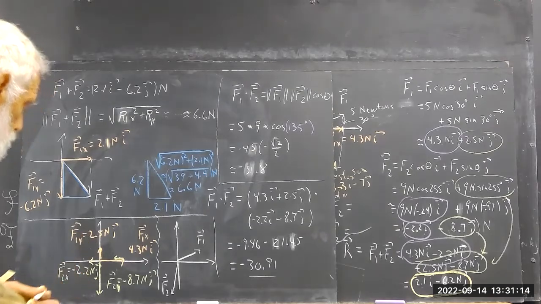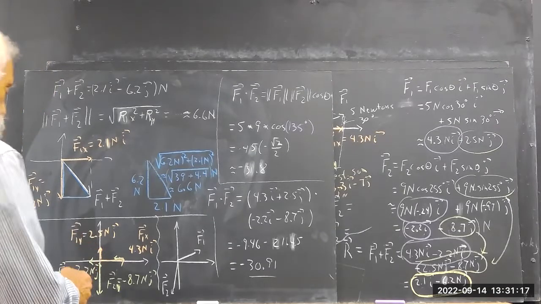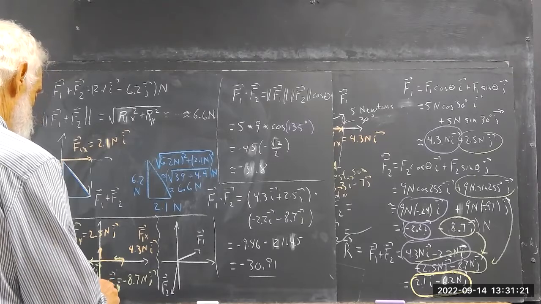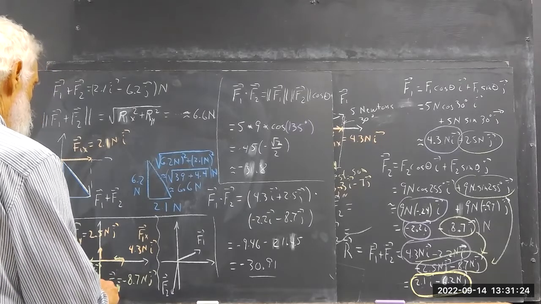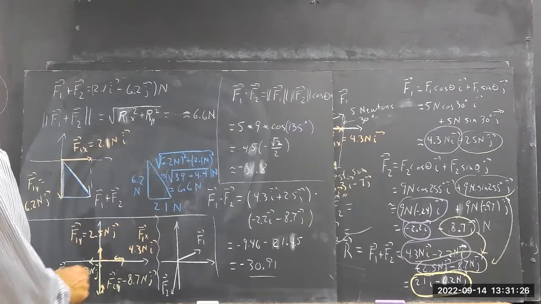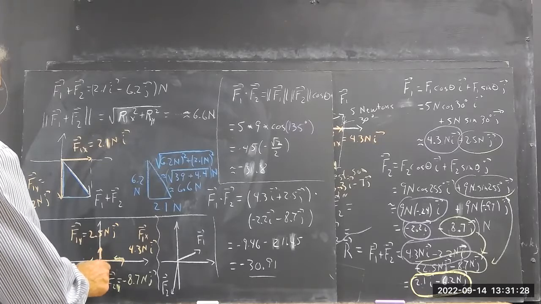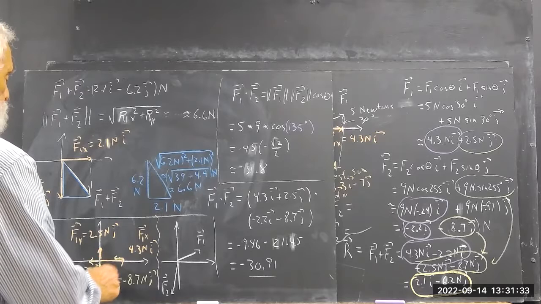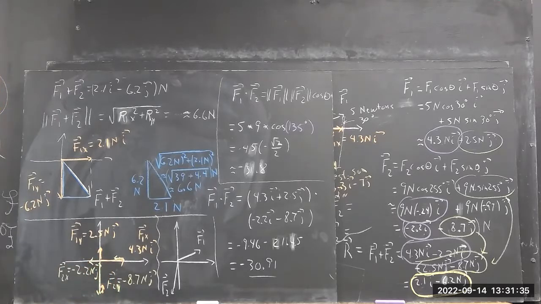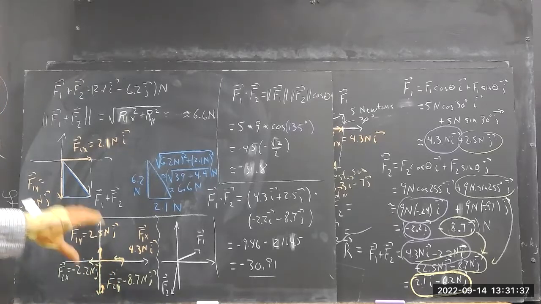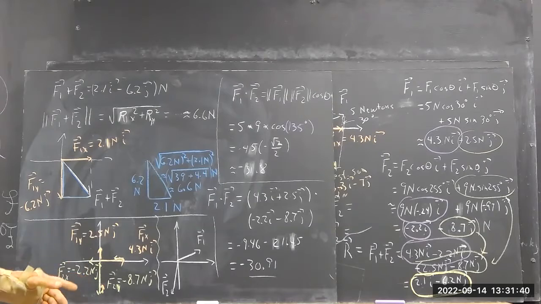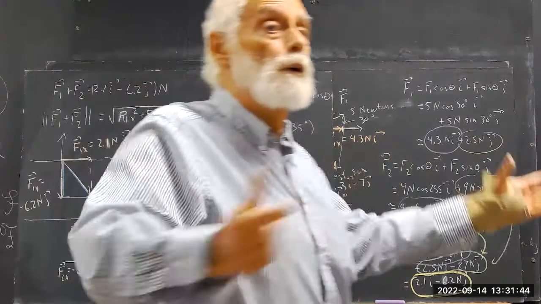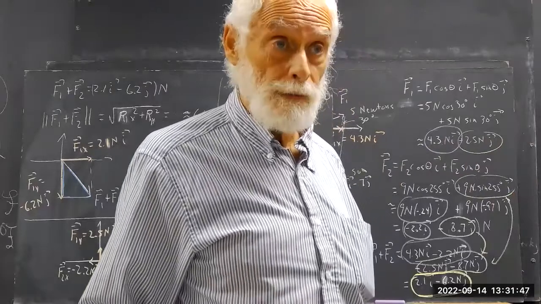And if you take this vector, 2.5 newtons times J, and add it to the vector down here, just put those two vectors head to tail, you see that the resultant vector is from here to here. It's the result of these two components. And this is not drawn to scale, so it's not going to look quite right, but you get the idea. You want to understand this whole picture, every detail of it.